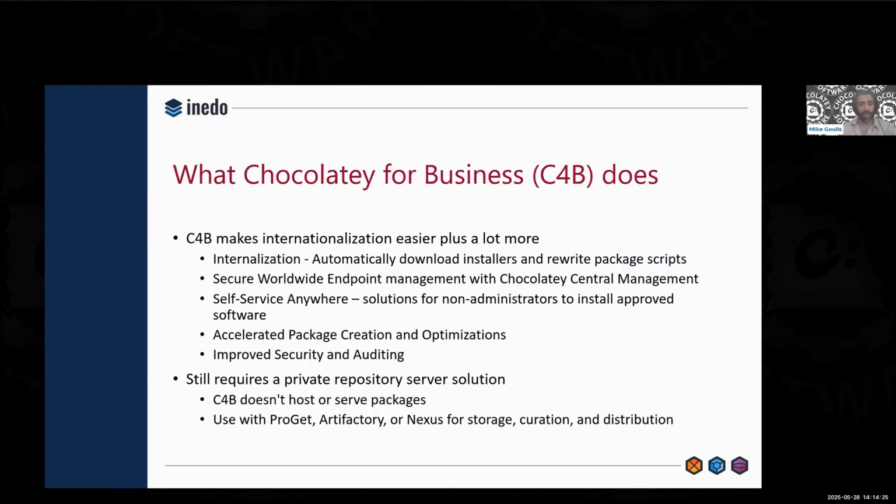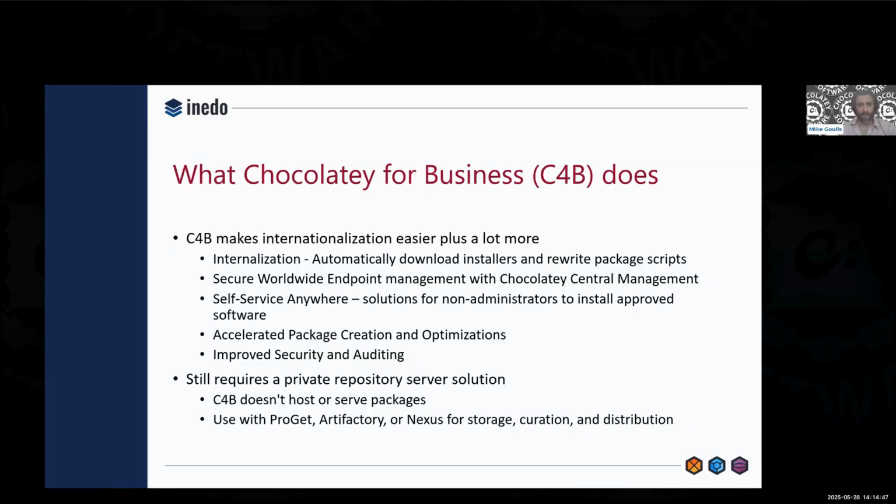So Chocolatey provides the automation and policy layer. ProGet provides the package hosting, access control, and visibility you need behind it. Of course, another benefit is no rate limiting, and we will talk about that in just a moment.